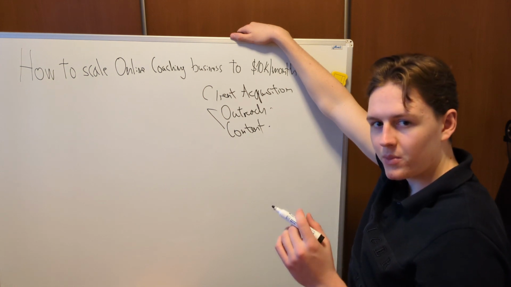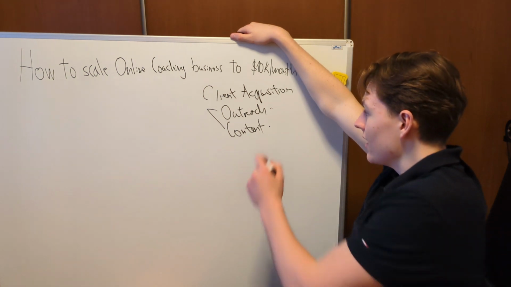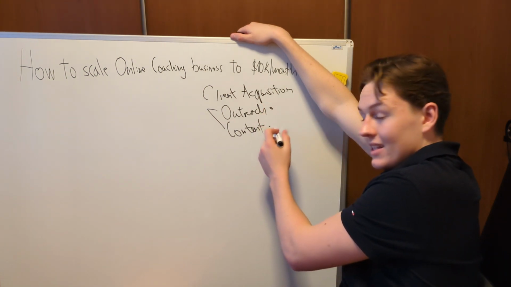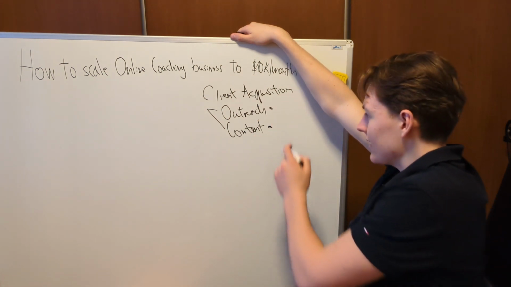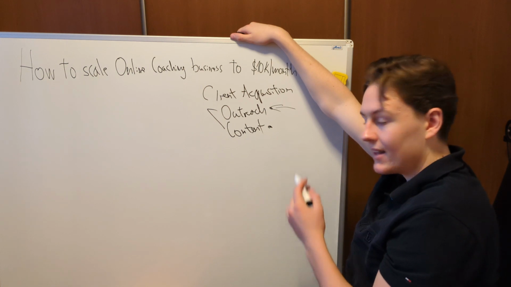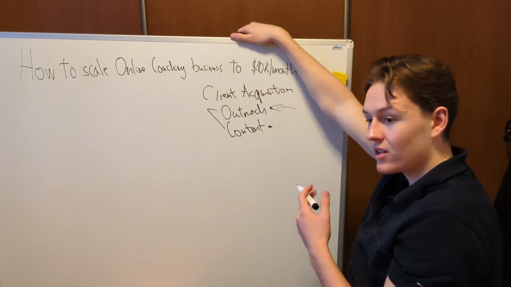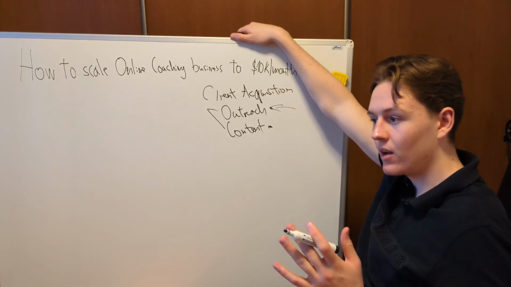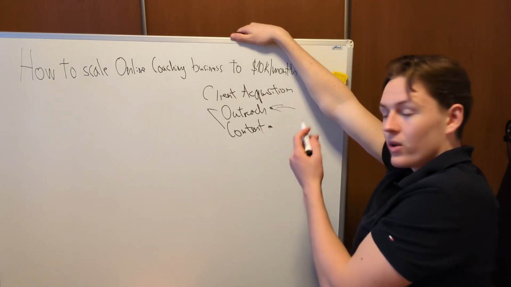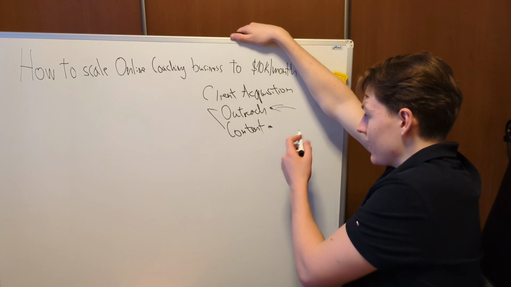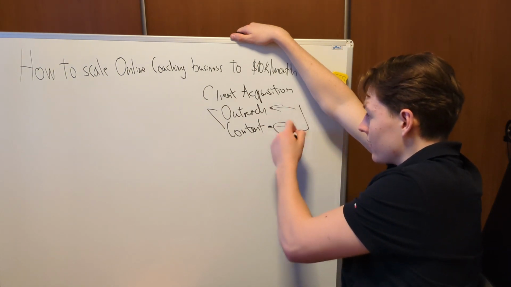Now, the most important thing here is that the outreach should be done simultaneously with the content, right? Many people make the mistake of just relying on the outreach and hoping to somehow automate it or somehow get even more clients from that method. But the best way to do it is by doing those two things in parallel, right?